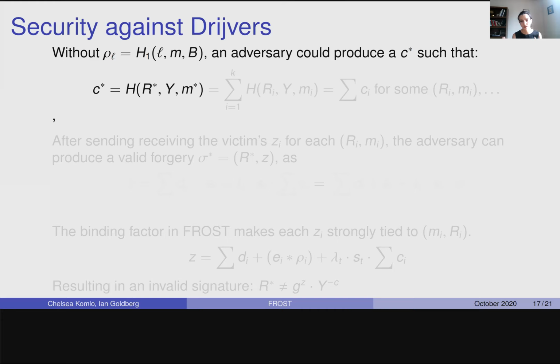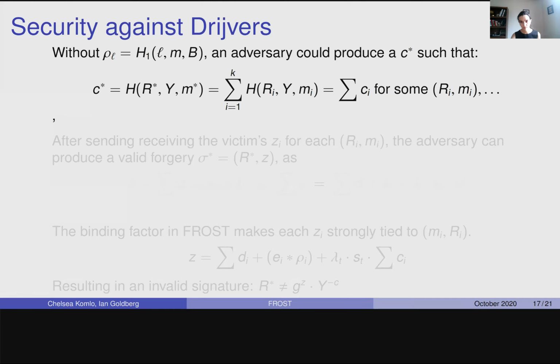Without this binding factor, an adversary could produce some challenge c star, that is the hash of some commitment R star, Y, M star, but that can actually be equal to the sum of some other challenge values c_i for some other commitment values R_i and M_i. By Wagner's attack, we know that this c star, equal to some sum of other challenge values, can be found efficiently.